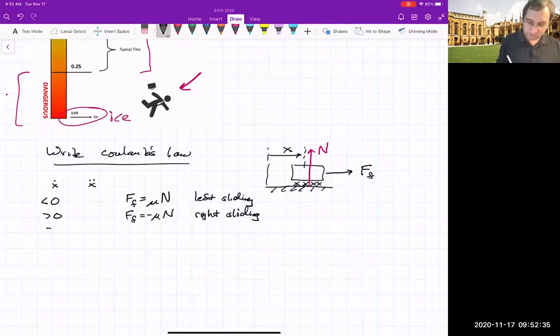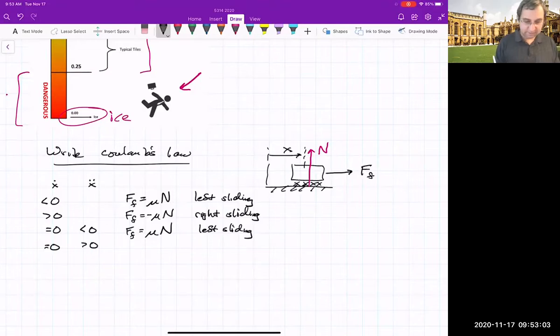What if x dot equals 0? So if you're at rest, but there's acceleration to the left, then we've got left sliding again. And F, force of friction, is mu N. Again, if x dot is 0, so velocity is 0, and acceleration is to the right, then we have right sliding.